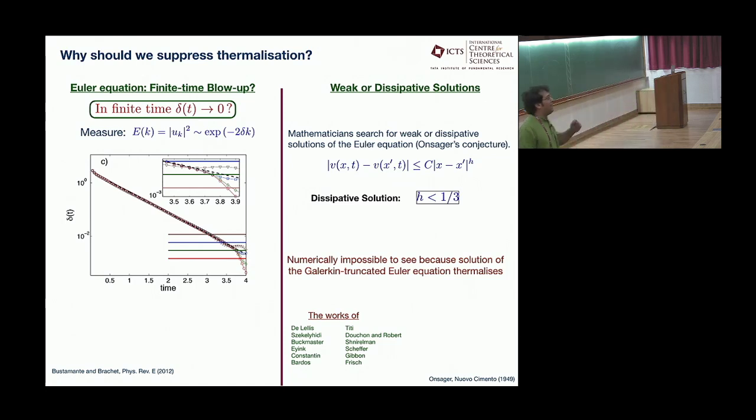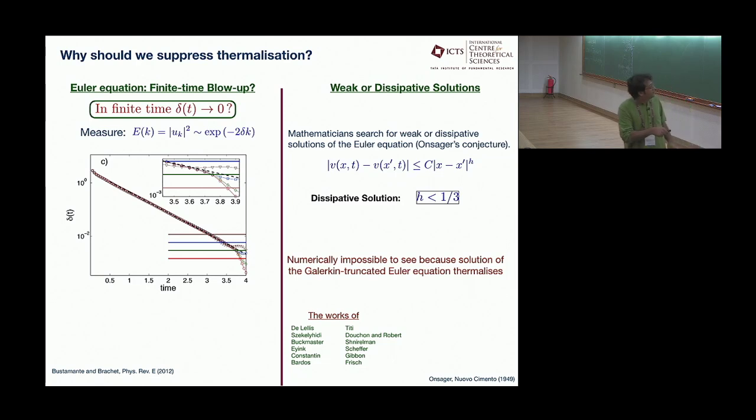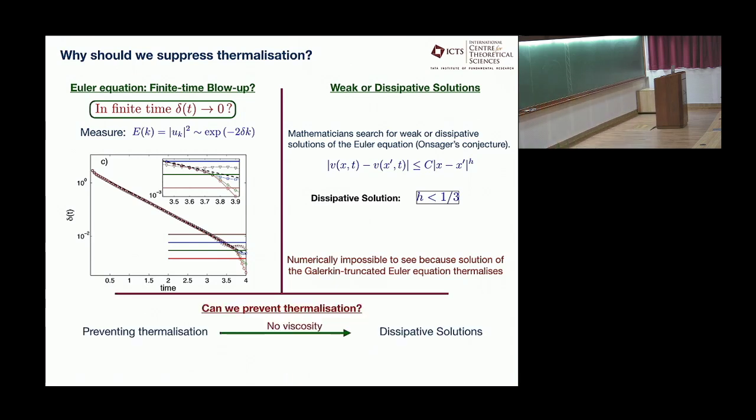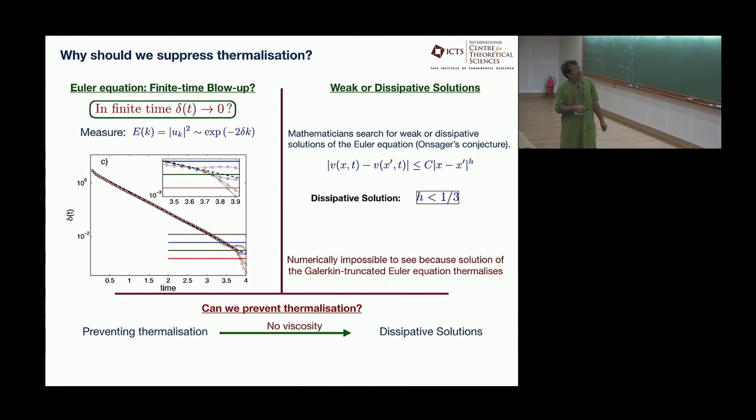There is more recent work, and I've listed various people, especially Szekelyhidi's work in the last couple of years with Buckmaster and Peter Constantin, which is absolutely phenomenal in this field. But the problem is, numerically, there is no way that you are going to see the weak dissipative Euler solutions because energy is conserved and things thermalize. So the question that Sugan and I asked is, can we actually prevent thermalization?